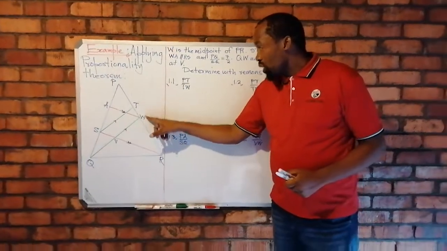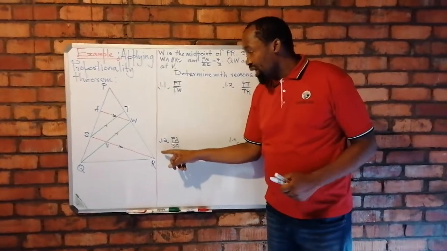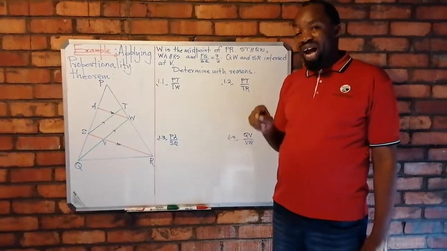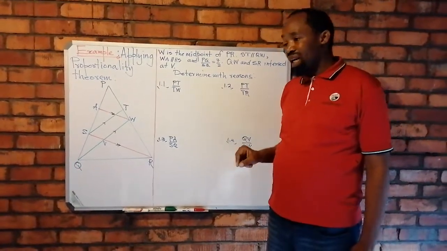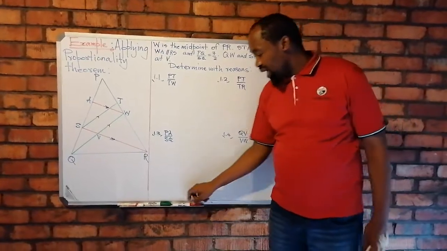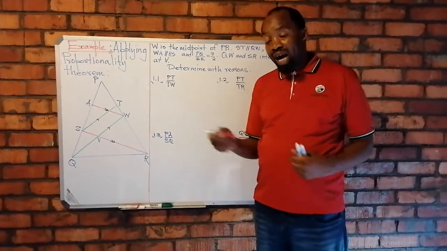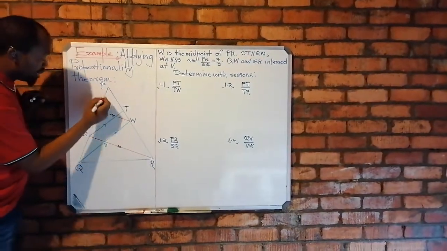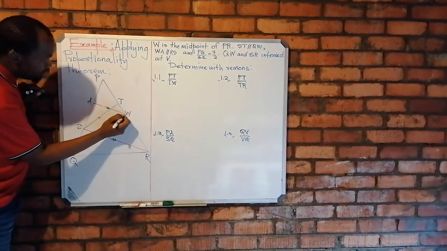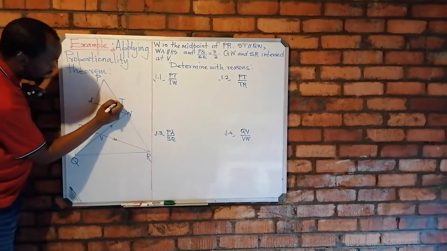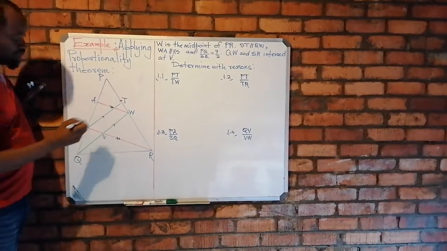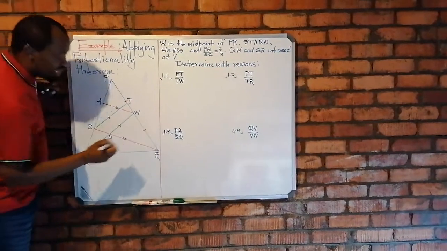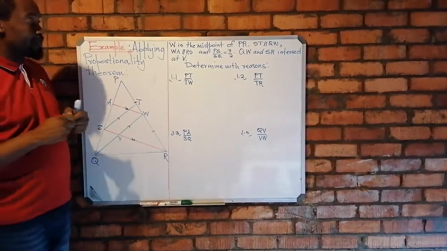If W is the midpoint of PR, it means that the point W bisects PR. Bisect means that it divides PR into two equal parts. It means that from here to there, PW is equal to WR. That is what bisect means.